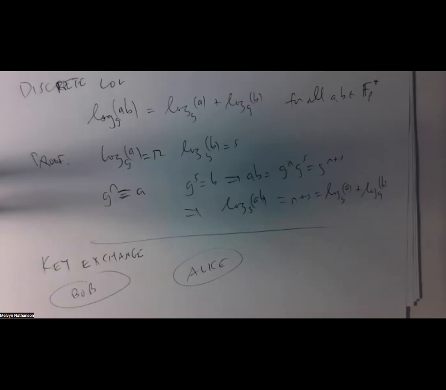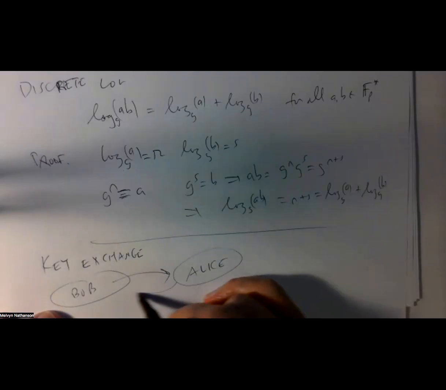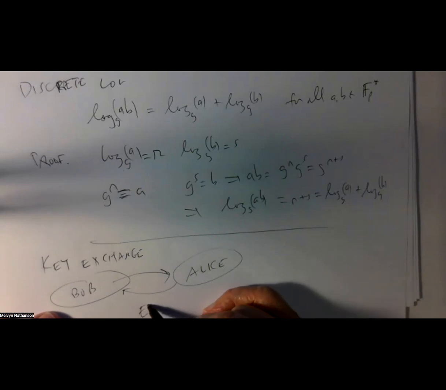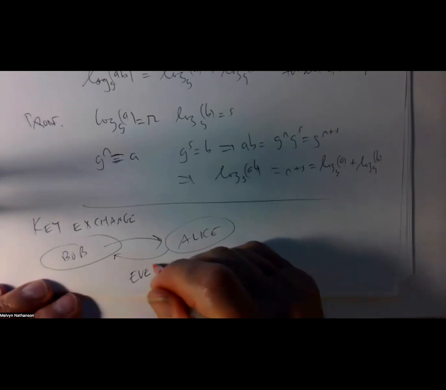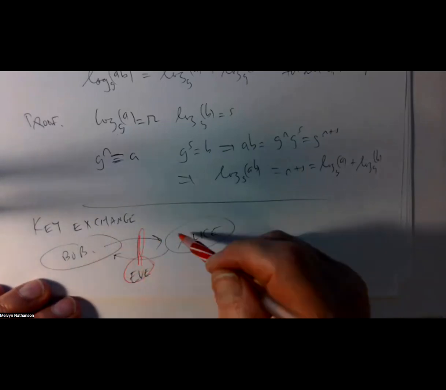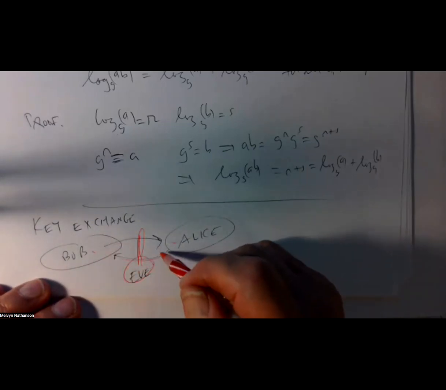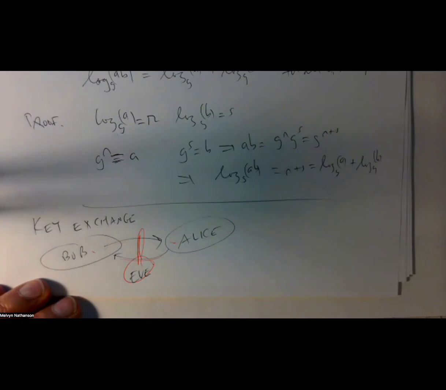And they can't encrypt the key exactly, because they need a way to both come up with the same number. And Bob cannot send the key to Alice, and Alice can't send the key to Bob, because the enemy, Eve, is intercepting all their messages. So everything Alice sends to Bob and everything Bob sends to Alice, Eve gets to see.